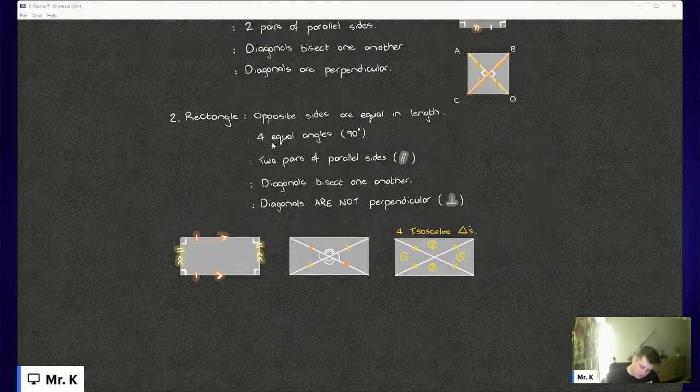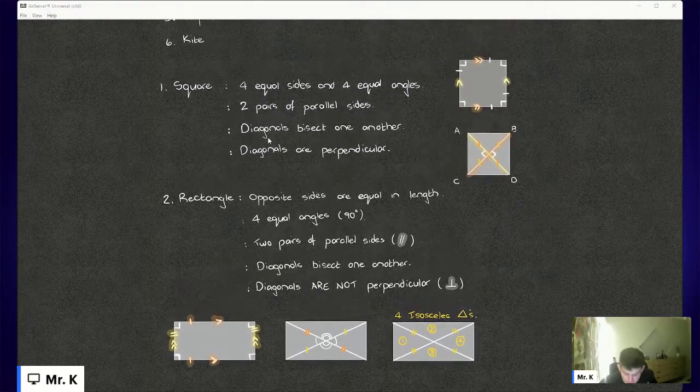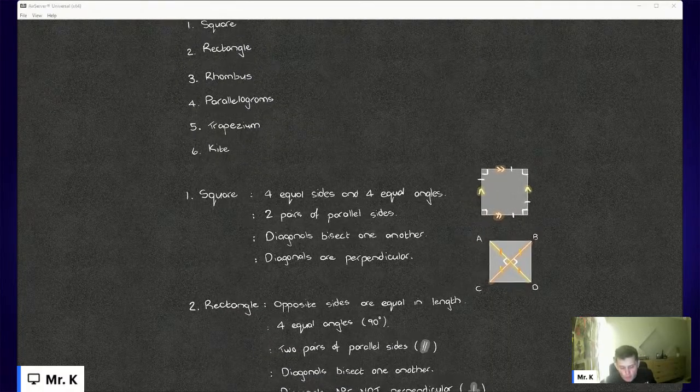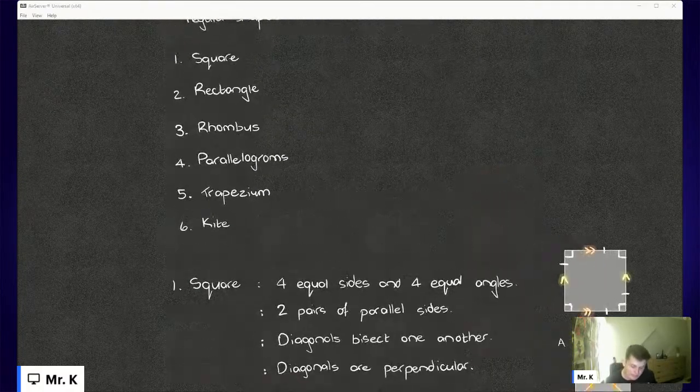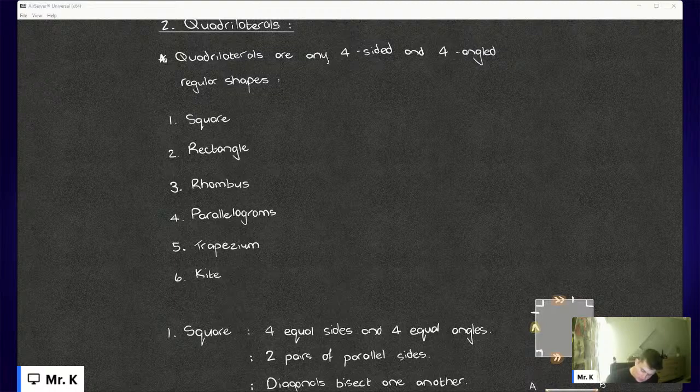Guys, we've got just over 10 minutes left, and this is everything that we already need to know about squares and rectangles. There are still four more shapes, but in the interest of time, let's discuss squares and rhombi very quickly.